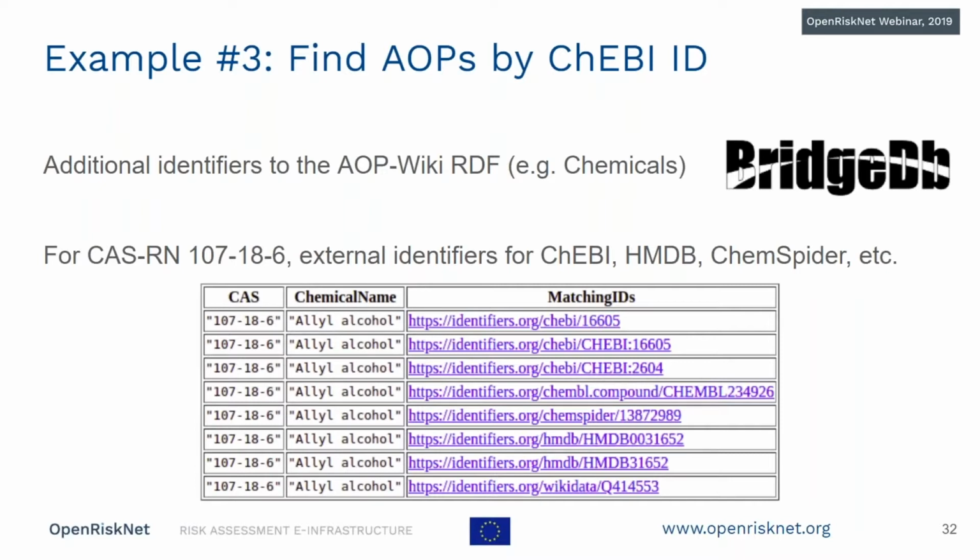And this allows for many more connections to external databases. If one does not have the CAS registry number, which is currently the only identifier system that is used in the AOP-Wiki apart from the CompTox dashboard ID, one has no other option to query the database based on the chemical identifier. But now this is possible.